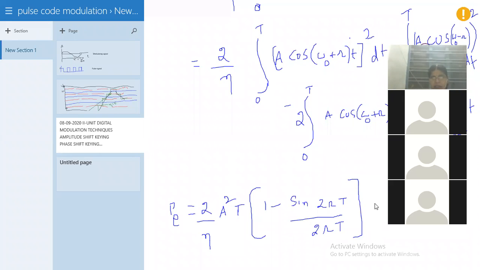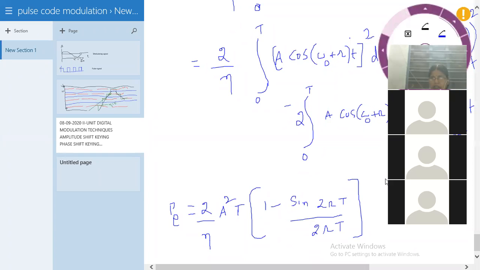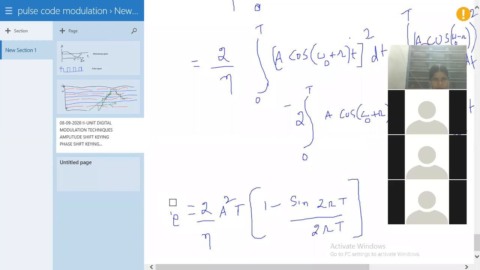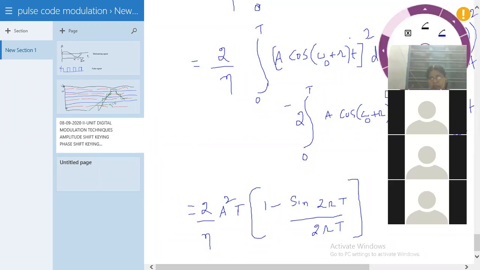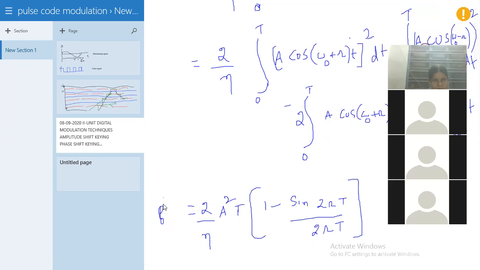Okay, here this is a formula for PE or P naught of T. That is, here we can represent this as P naught square of t divided by sigma naught square. This is the procedure to calculate this.